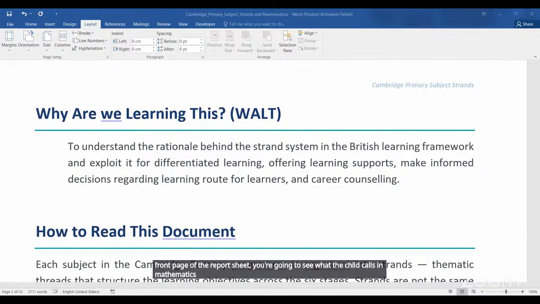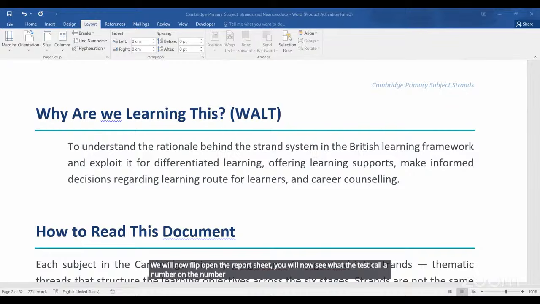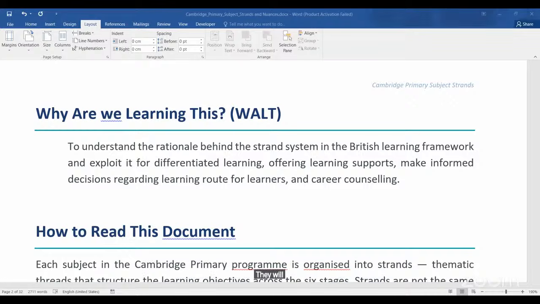If you flip open the report sheet, you will see what the child scored under the number strand, under geometry, under geometry and measure, under statistics and probability, under algebra. They separate this because the questions are categorized by strands, but it is one exam.